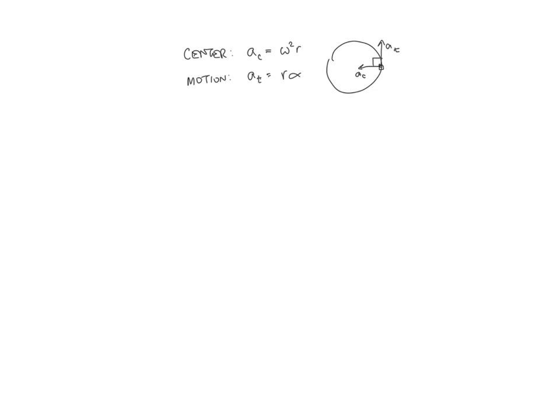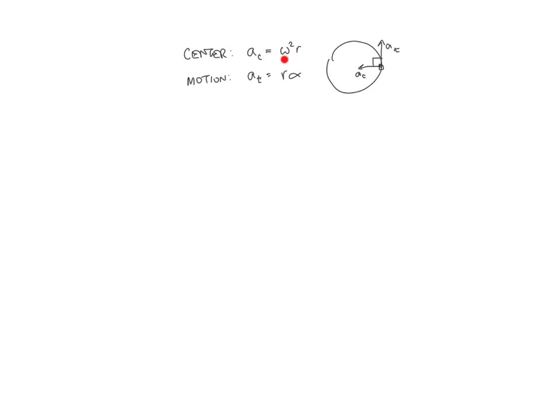It's increasing at a constant angular acceleration, so this tangential acceleration will stay fixed, at least for the first 8 seconds of the carousel's motion, because that angular acceleration is constant.